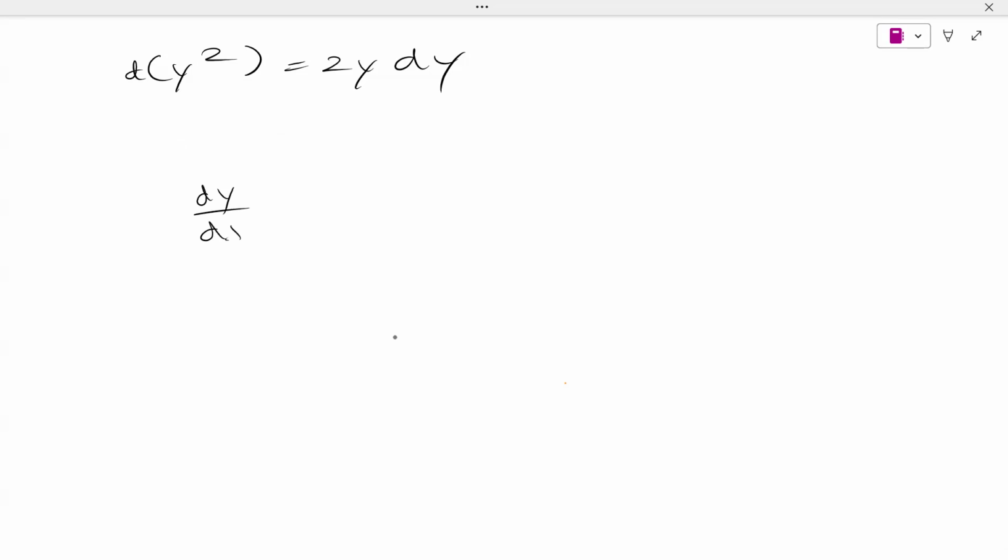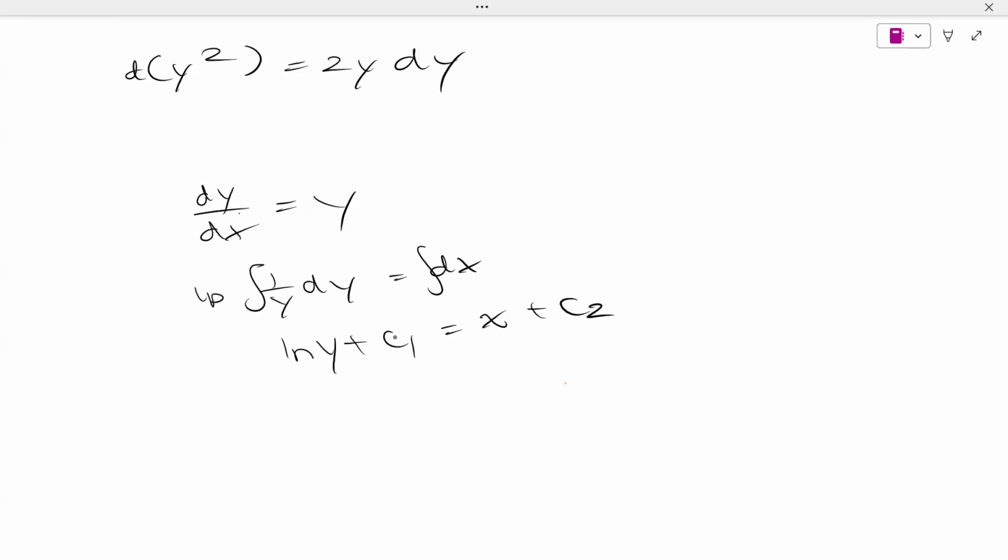So let's say we go back to dy over dx equals y. These are not technically fractions, but in practice here, we can separate them into their own infinitesimals. And we take integrals on both sides. So this is natural log of y plus, say, c1 equals x plus c2.